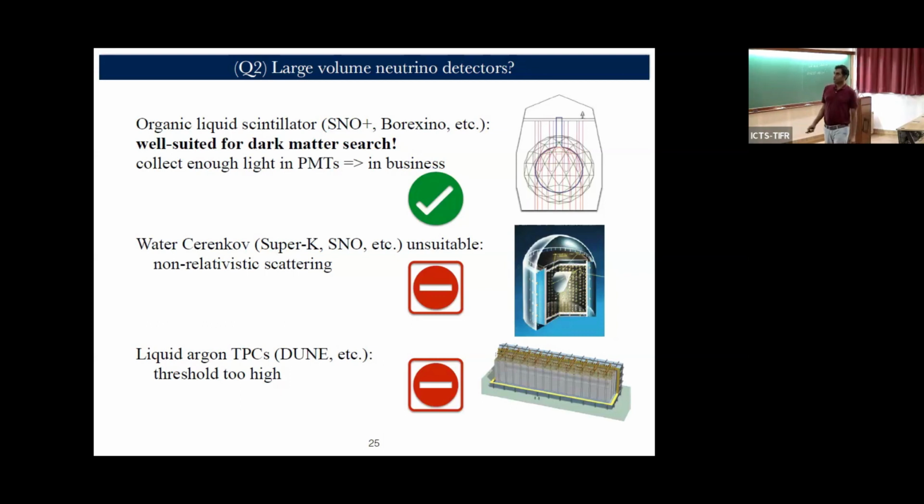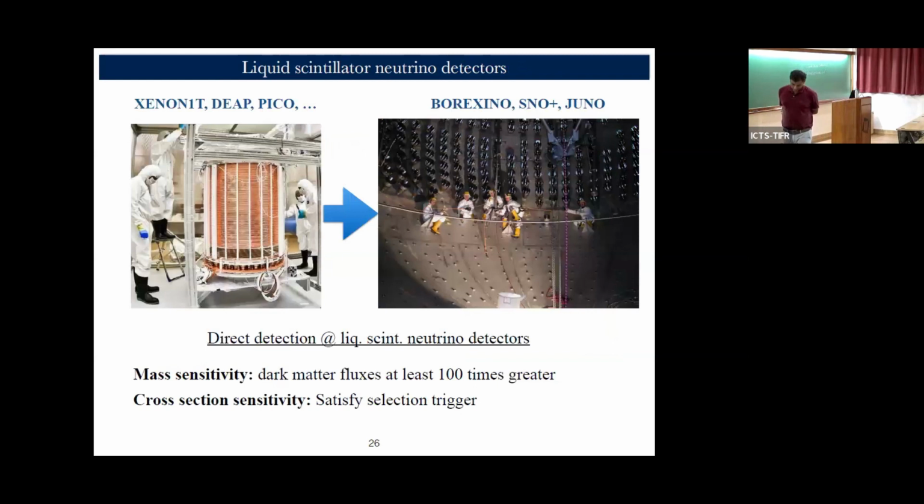And finally, liquid argon TPCs like DUNE are also not suitable, although there's an asterisk with that. We can talk about it offline, because the threshold is just too high, to a first approximation. The threshold is about 5 MeV. Again, dark matter is coming in really slow. It's not going to trigger 5 MeV recoils in argon. All right, so, liquid scintillator neutrino detectors.